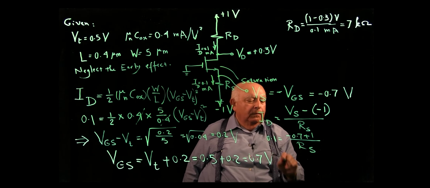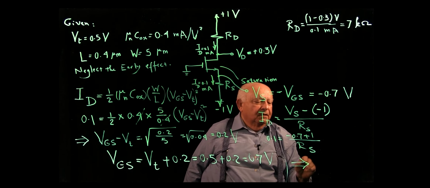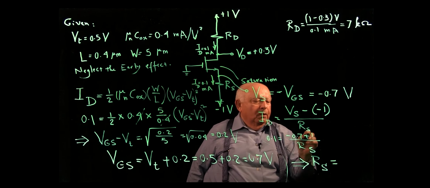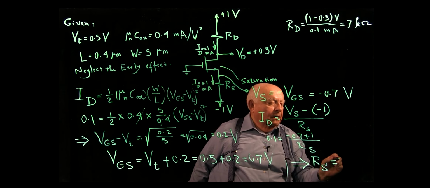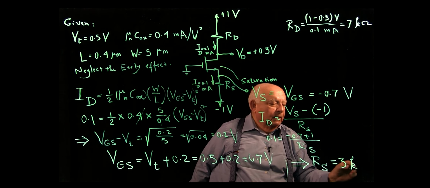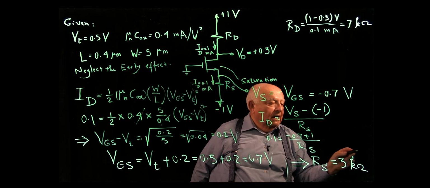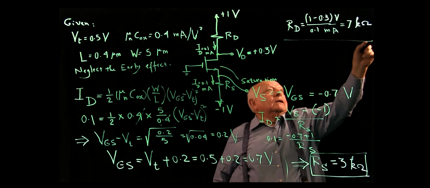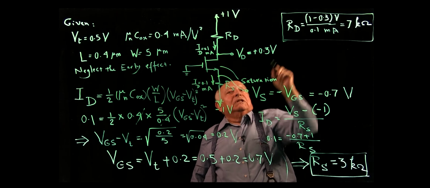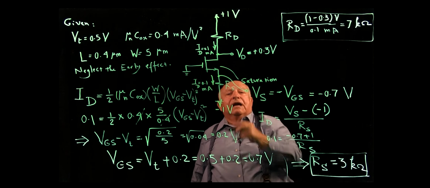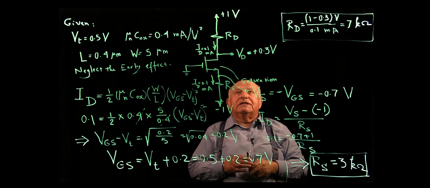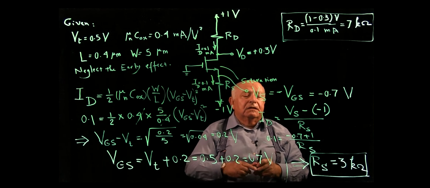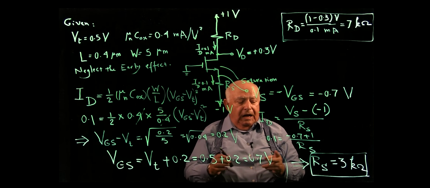And this will give me the answer that RS is equal to 0.3 divided by 0.1, which is 3 kilo ohms. So here are my final answers: that's RS, and this here is RD. We designed this circuit, which means we found RD and RS required to establish the operating current ID and the voltage VD that we were asked to provide.